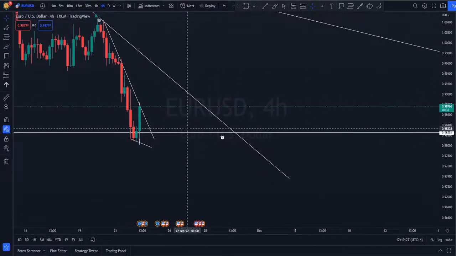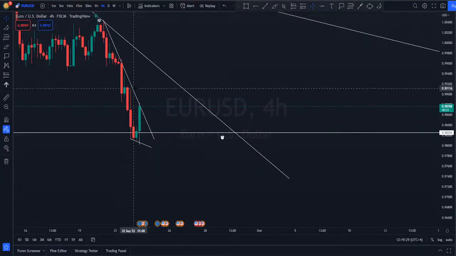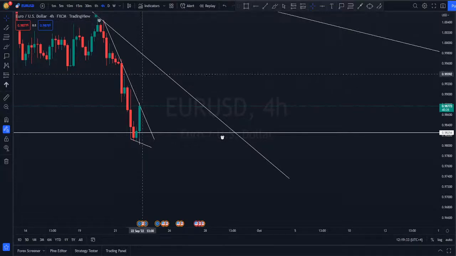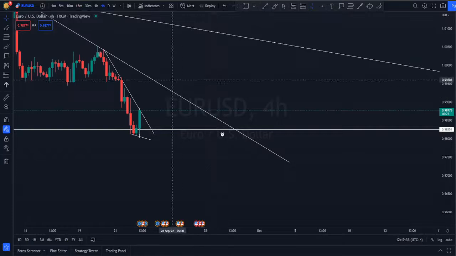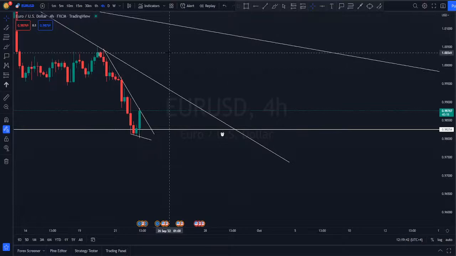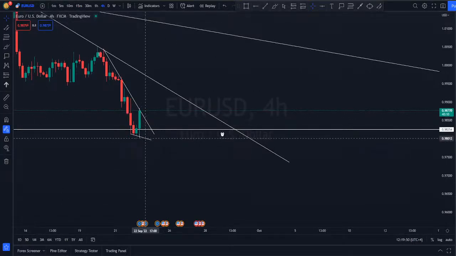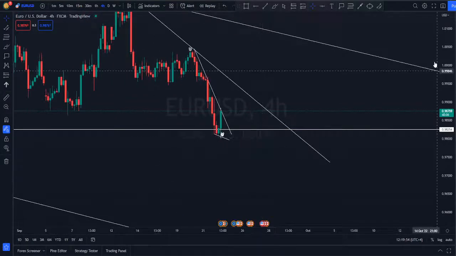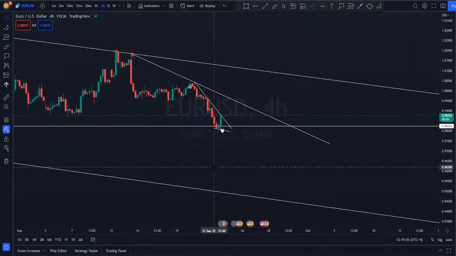Euro USD, if it dares to break above 99131, it means it will definitely see 99803 and 100341. Let's just hope it doesn't go there. We want price to come down here and hit this low, possibly keep going down to this zone.